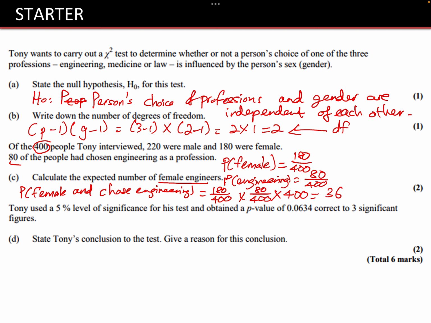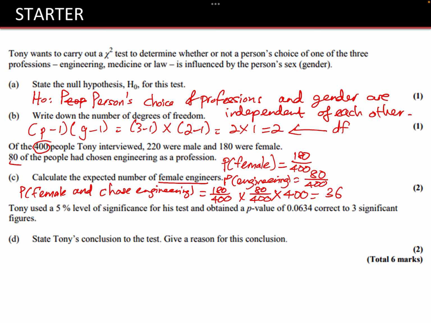But since we're trying to find out of these 400 how many people are actually female and who chose engineering, we have to multiply the probability by the total number of people who are being interviewed. Right, so technically you'll be looking at about 36 people who are female and who choose engineering in this case.